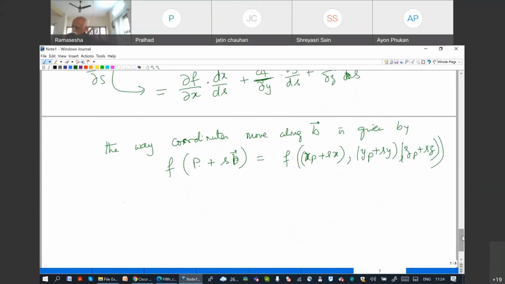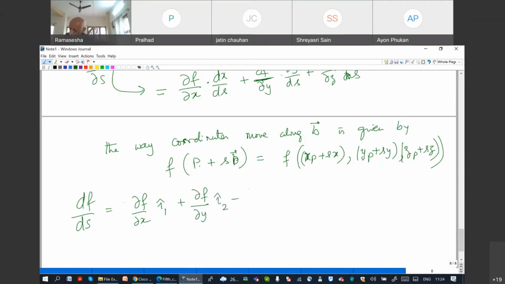No? So what it means is that I can write down df by ds as equal to del f by del x times i1 plus del f by del y i2 plus del f by del z i3, dot dx by ds times i1 plus dy by ds times i2 plus dz by ds times i3.